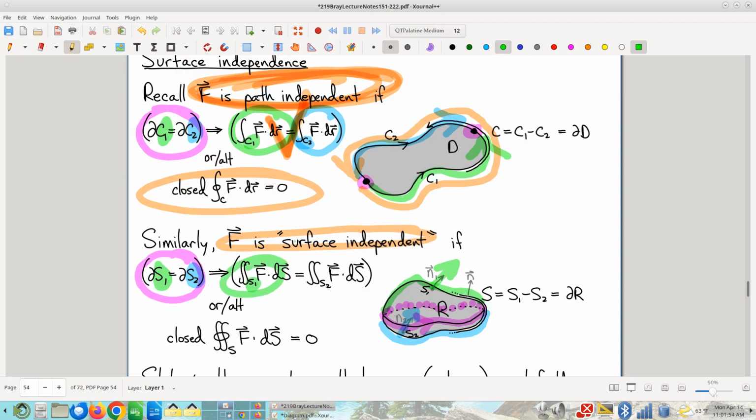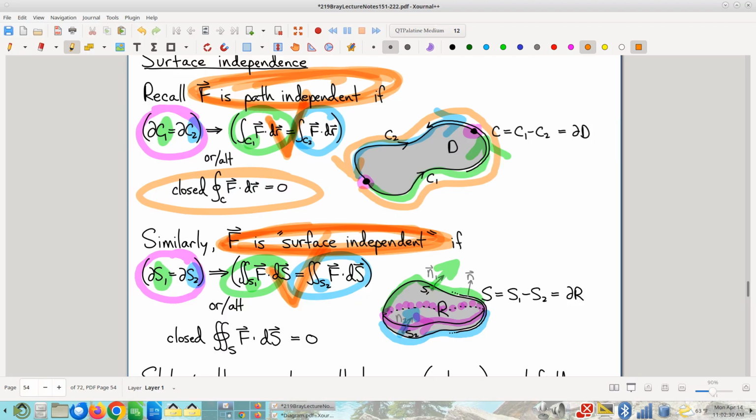If I were to look at the green surface integral and the blue surface integral, surface independent vector fields amazingly have this amazing feature that you'll get the same surface integral, no matter which two surfaces you pick. It's just like path independence. Just with surfaces instead of curves. How we doing? Everybody with me? Satisfying?